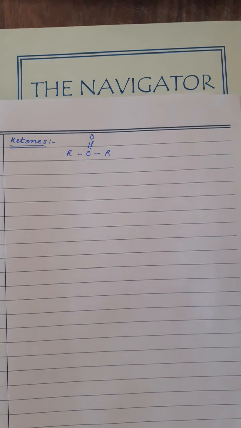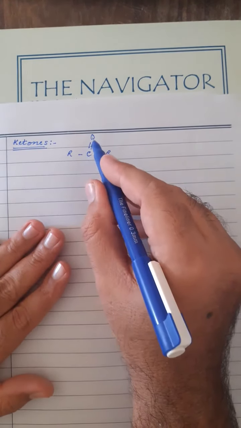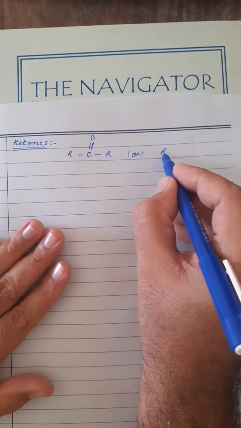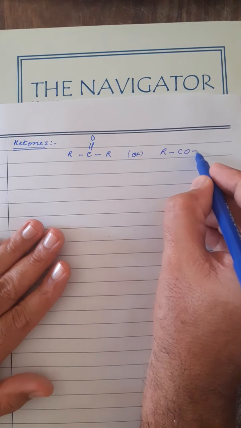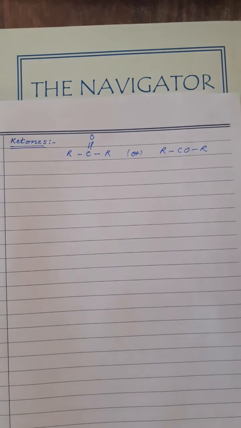But in ketones, the carbonyl group is between the 2 alkyl groups. Rest is same. You can say RC double bond OR, or we can also write RCOR.